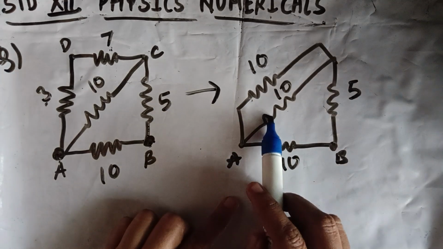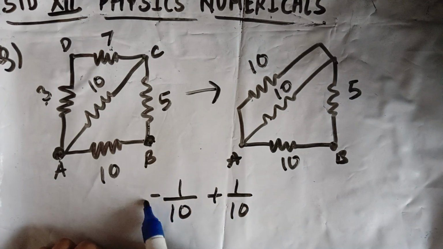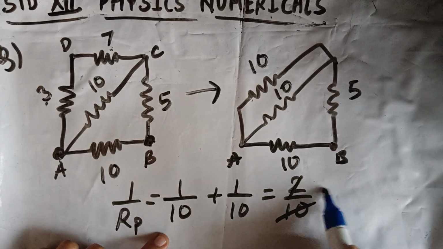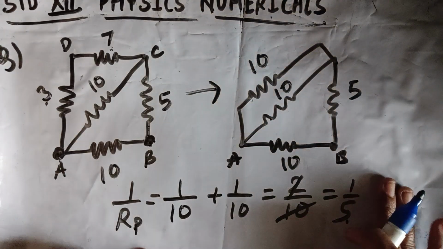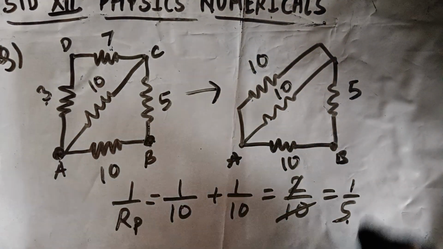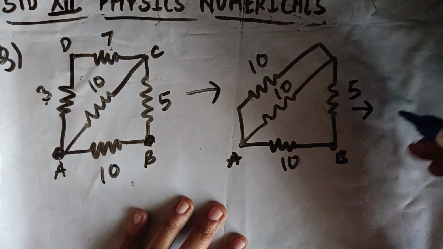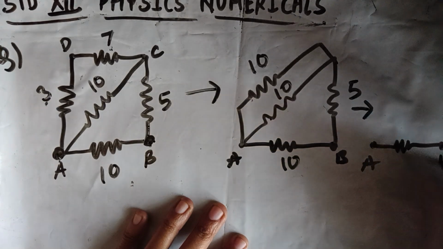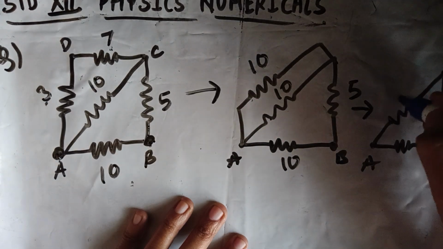Next, these two are in parallel. So for parallel, 1 upon 10 plus 1 upon 10, 1 upon Rp is 2 upon 10. So you'll get this Rp as 5. So here I'm getting 5, correct.